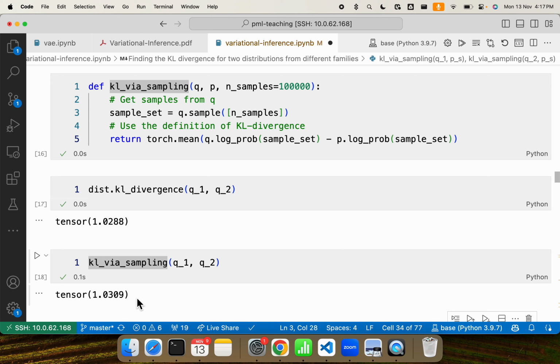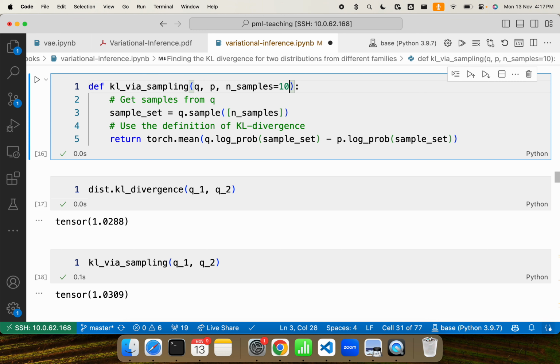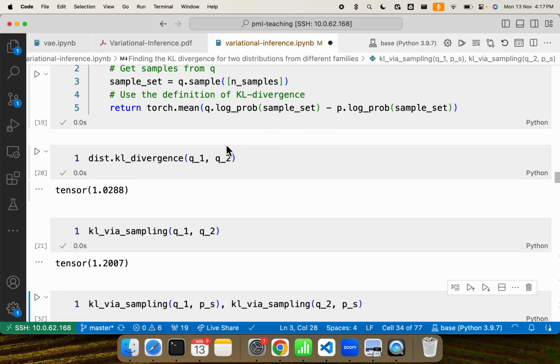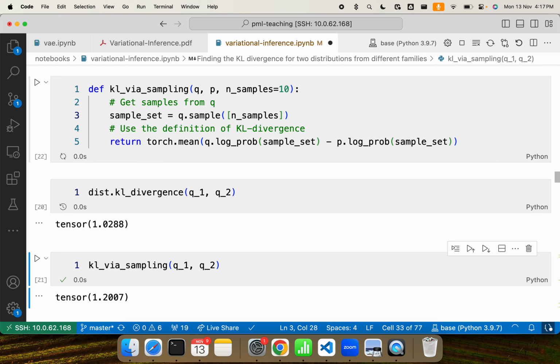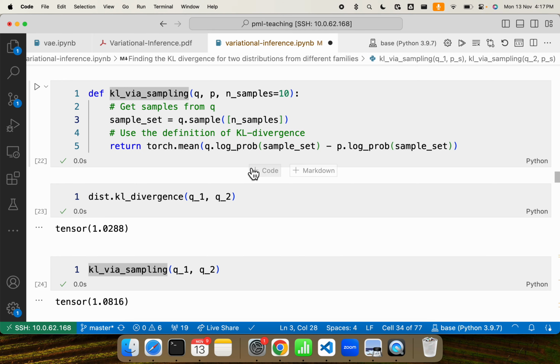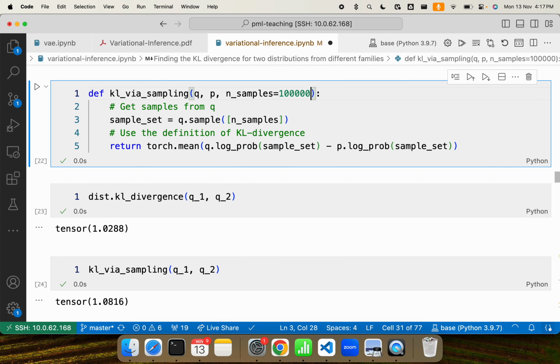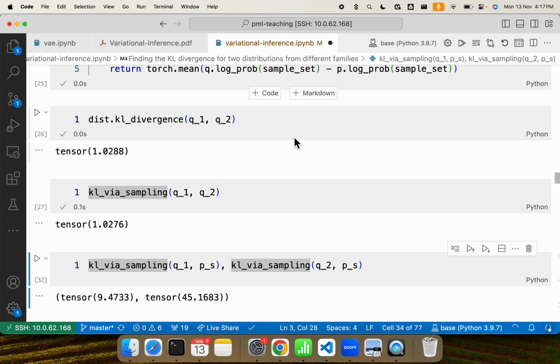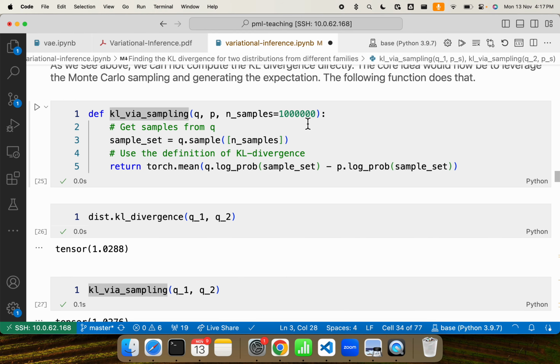Now this will have the usual problems with Monte Carlo sampling, that the variance will reduce not very quickly with respect to the number of samples. You can also play around with the number of samples and see the different answers that we'll get. So 1.2, 1.0, right? So as we increase the number of samples, we'll see that we'll start getting better estimates.